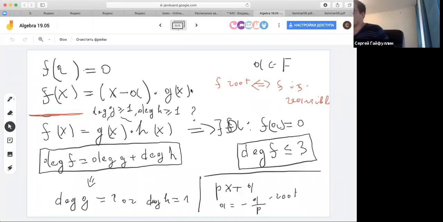And let me remind you that if there is no assumption that the degree of f is not greater than 3, then the assertion of this task is not correct. There can be a polynomial of degree 4 without roots, but reducible.